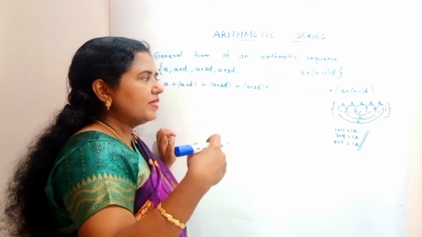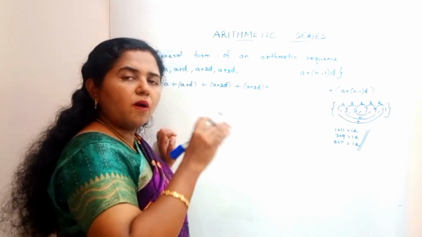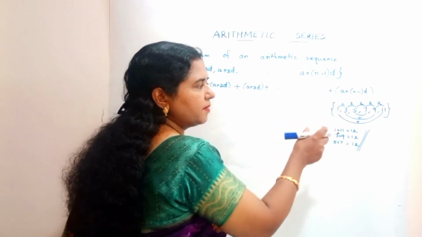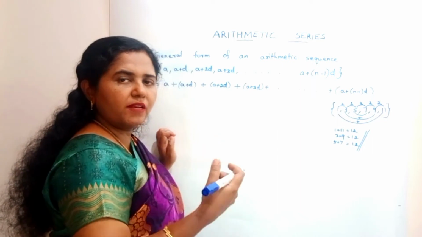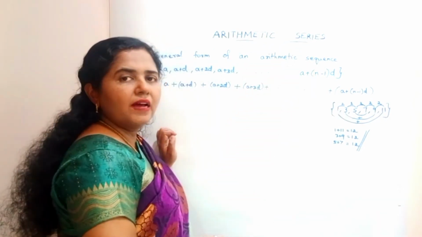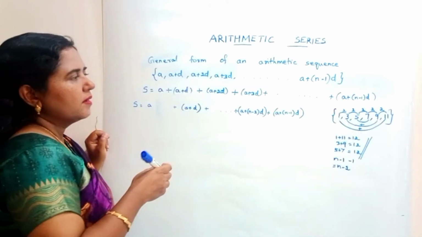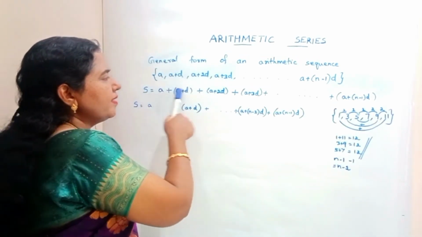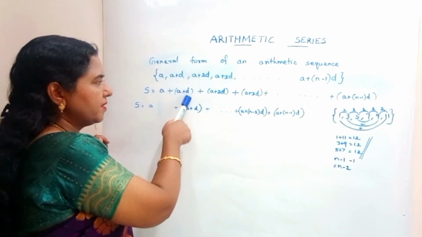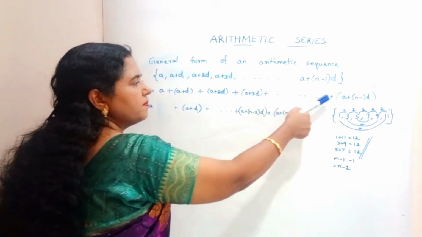So this concept works for all arithmetic sequences. Now, having this concept in mind, we can proceed. We can try to bring out the formula to find the value of the arithmetic series. Okay, so I have written the same equation again. I have considered two terms at the beginning and two terms at the end.